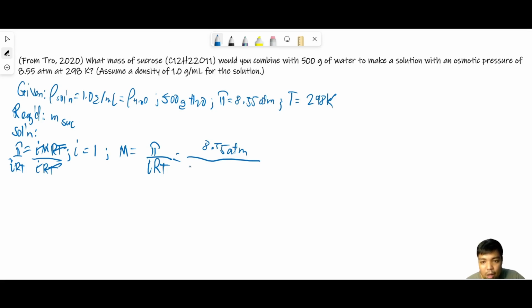So I will write directly the gas constant, which is 0.08206 liter atmosphere per mole Kelvin, multiplied by the temperature, which is 298 Kelvin.